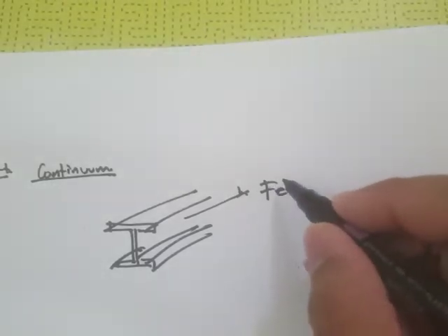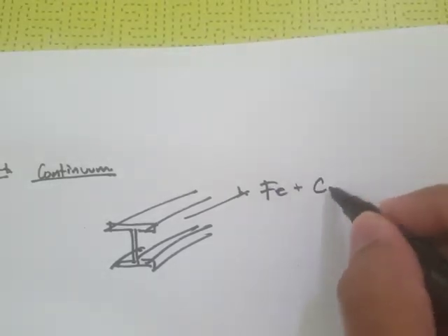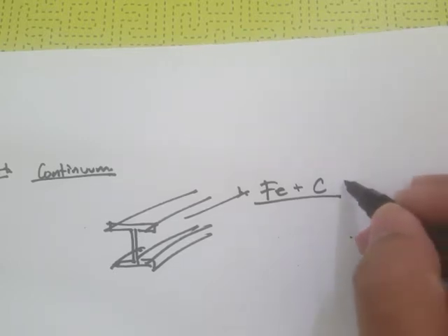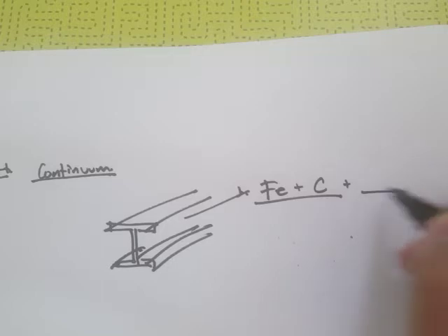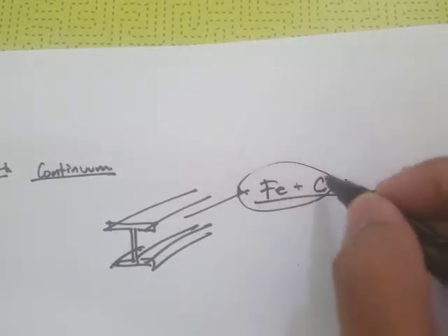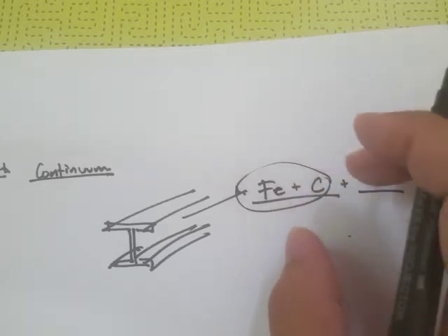For steel, the composition is iron plus carbon, that's the primary composition, plus some other alloying elements. But the main composition is iron and carbon.